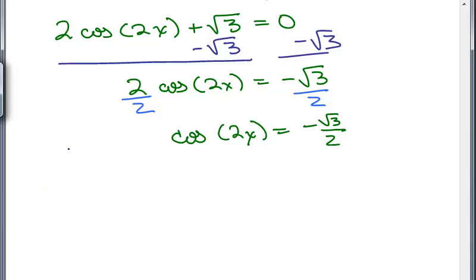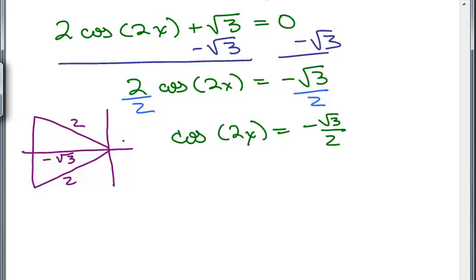So let's see. If you're not sure what those are, I always do it by drawing a picture. So if I want to draw a picture over here, and I think, where's the cosine going to be negative? That's over in quadrant 3 and 4. So I know it's over here. And let's see, square root of 3 over 2, I think that's going to be this. There's the negative square root of 3 and then over 2, and then you have to figure out what those angles are. So that angle is 150 degrees, right? And this other one, that's 180 plus another 30, so that's 210 degrees.